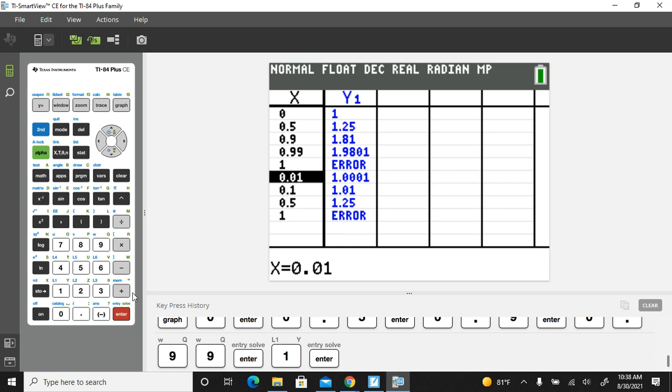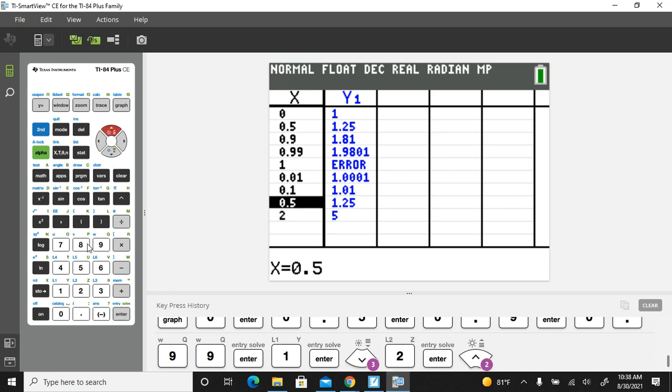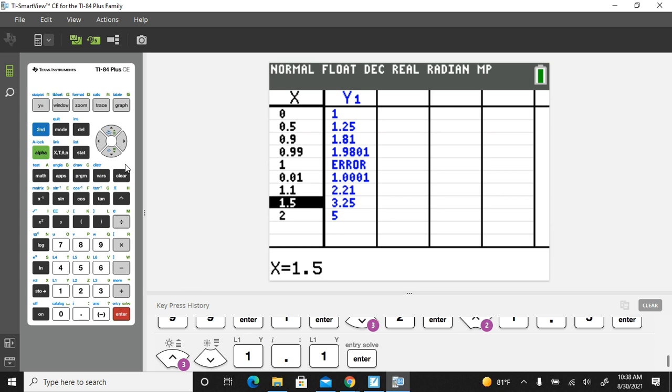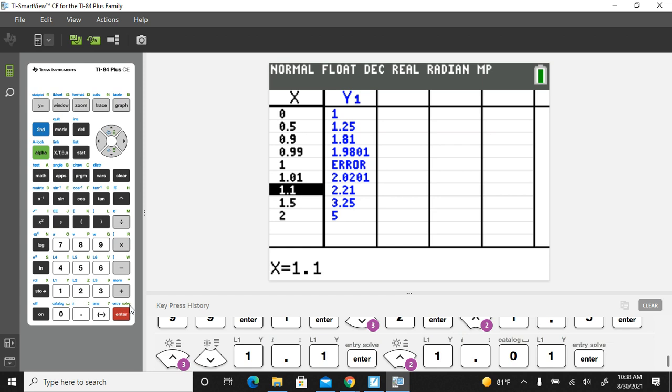And then coming from the other side, we'll start at 2, and then we'll get closer to 1, and then closer yet to 1, and even closer still. Okay, so that should be what our table looks like.